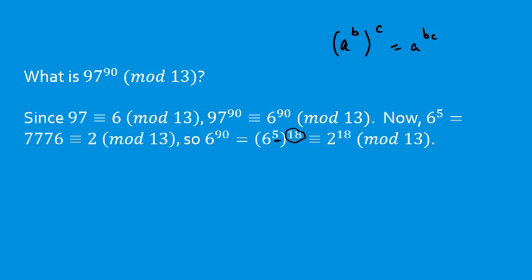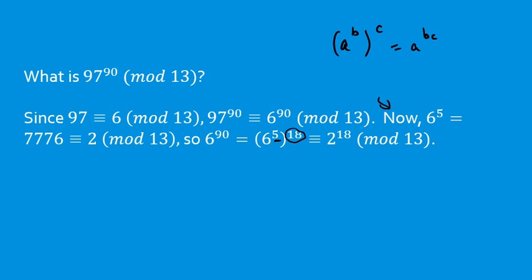So when you're at this step, and you're trying to figure out what nice smaller power of 6 you can work with to break this large thing down, try to pick a power so that what your base raised to that power is, modulo your n value, is something pretty small.